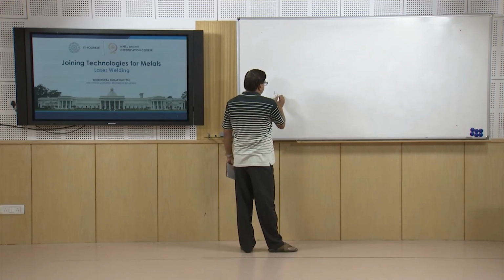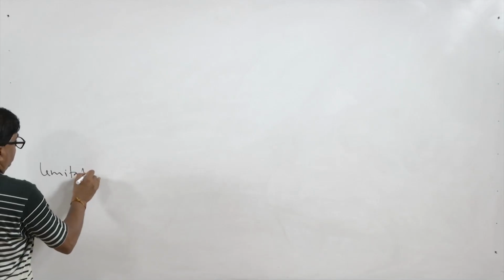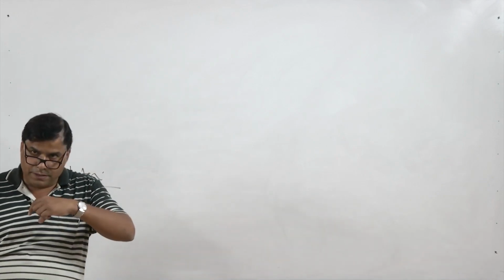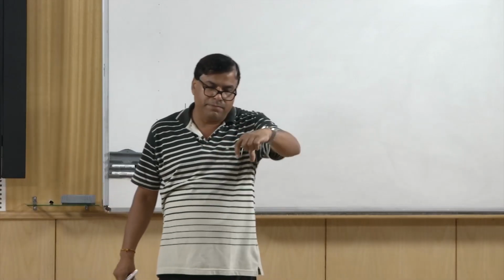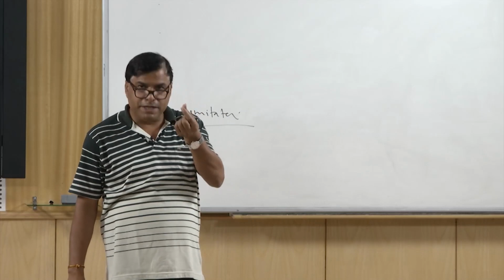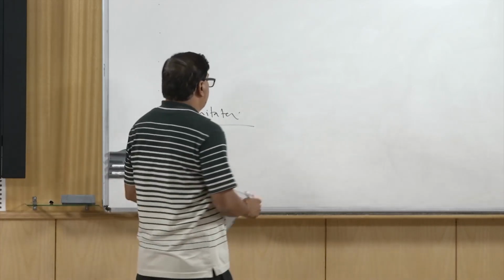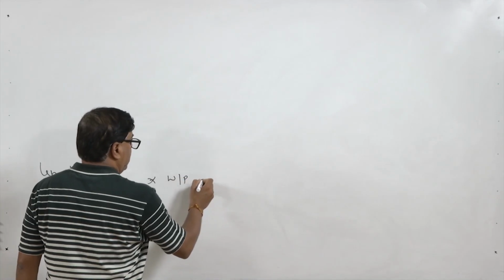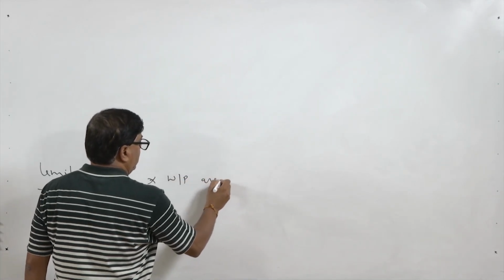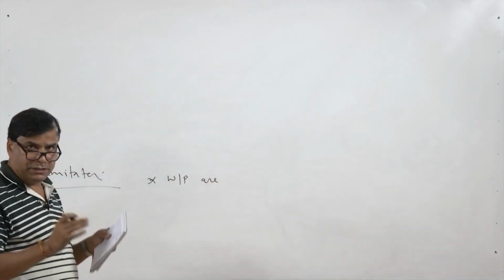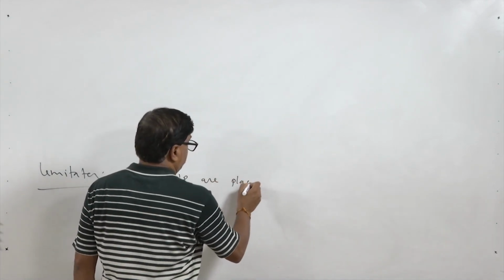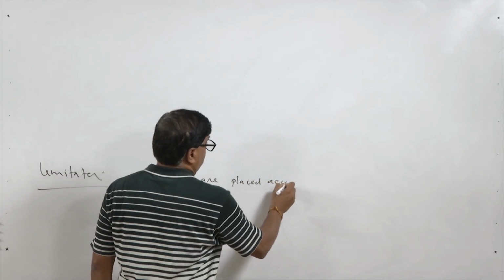Now, some limitations are also there related with this process. Since the laser beam diameter is very small, it is important that the workpieces, sheets or plates to be joined are placed very accurately.